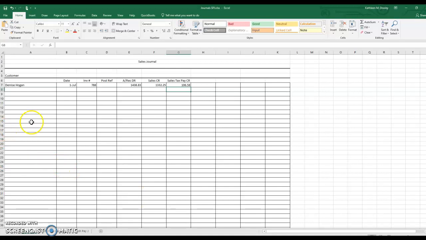We realize that this involves a customer, and therefore I'm going to have to post it immediately to the accounts receivable subsidiary ledger. I'm not going to be posting anything to the general ledger, however, till the end of the month. So I only have to post this once now to Denise Hogan, $1438.83.